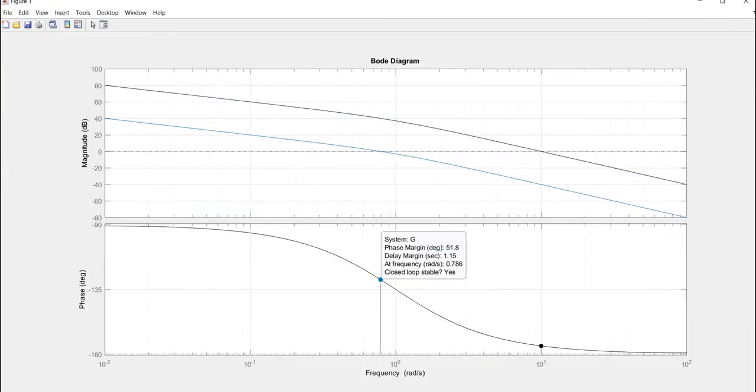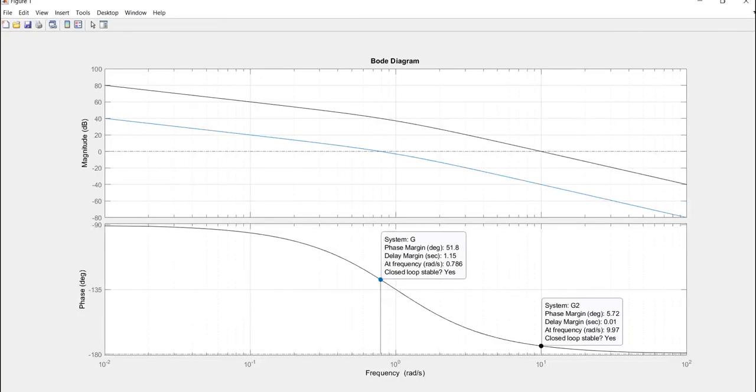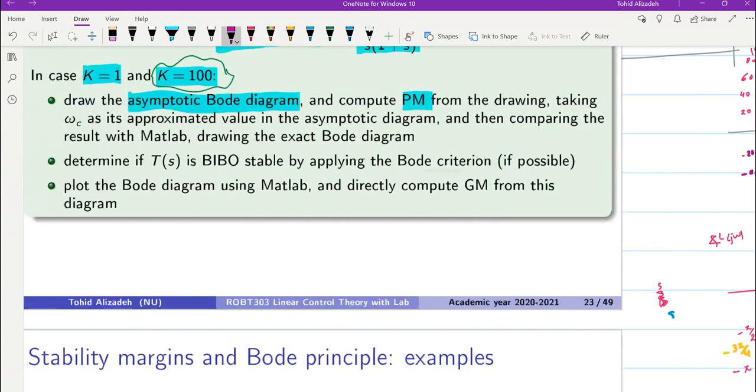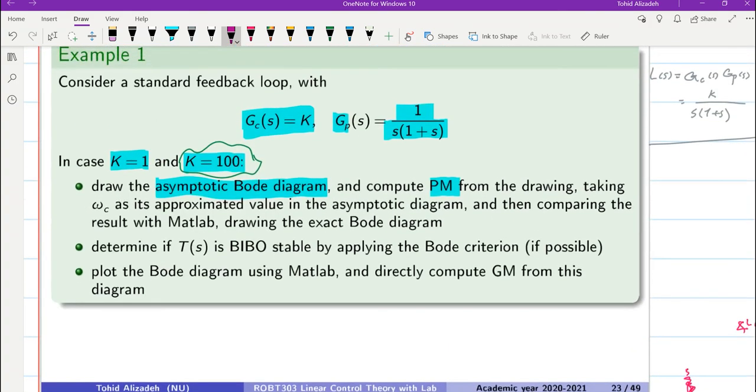Now, if you look at the exact Bode plot that we have here, we can find out the crossover frequency, which is indeed around 10 radian per second, and the phase margin, which is much smaller, it's 5.72 degrees. But still, the closed loop system will remain as a stable one. So for both values of k, the system will remain stable.